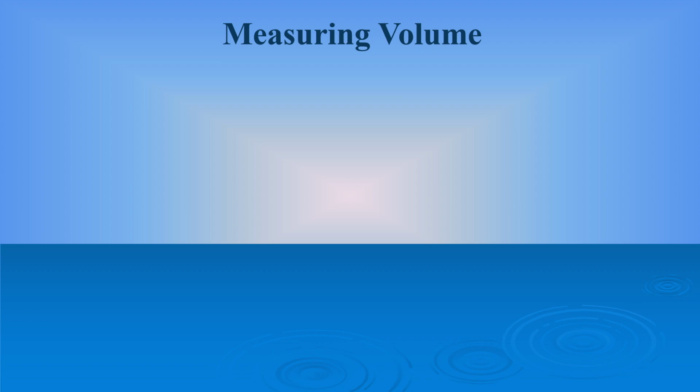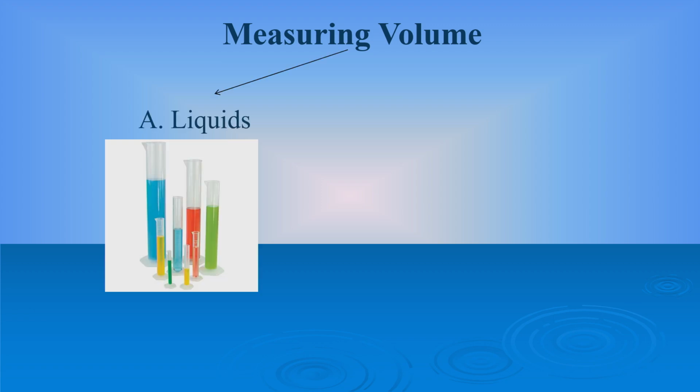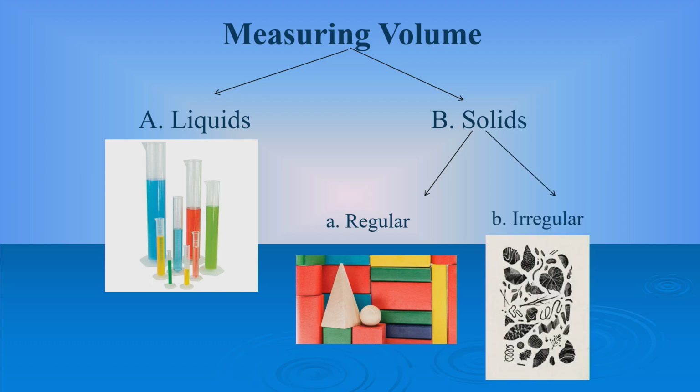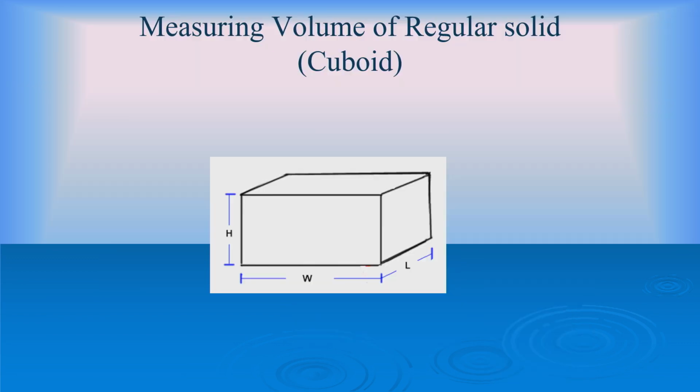We are now going to see how we measure the volume of liquids and solids. Appreciate the fact that solids are subdivided into regular solids and irregular solids. In this slide, we will calculate the volume of a regular solid, a cuboid as shown.